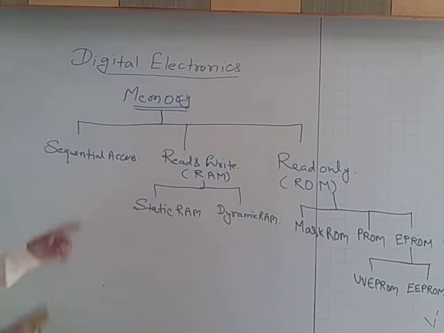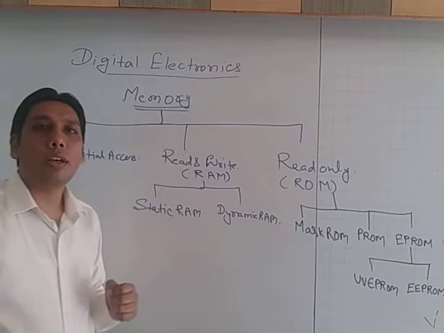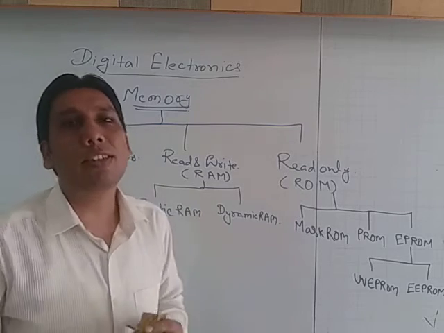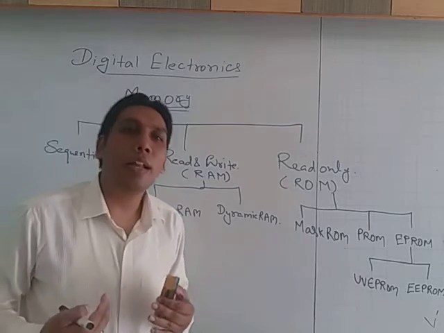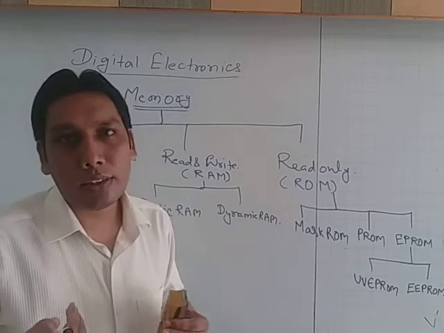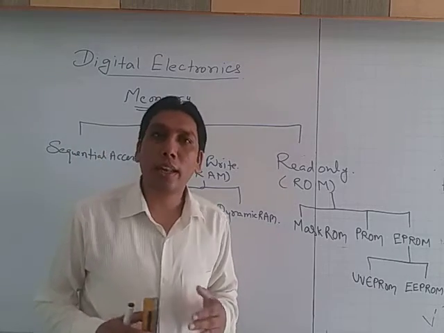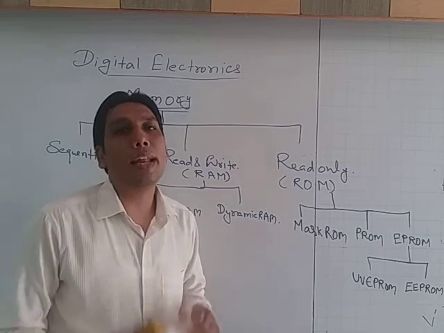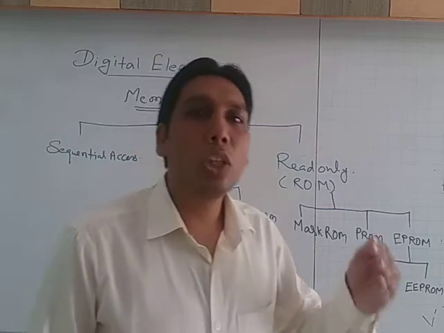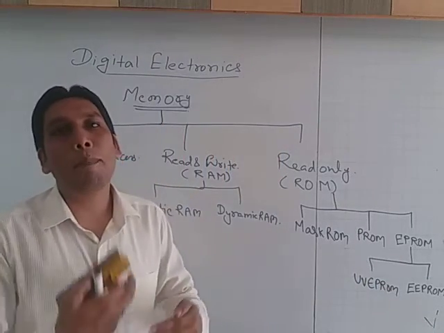The first one is sequential access memory. Sequential access memory is that type of memory in which the memory slots are arranged in a sequence. That means the user can read the information sequentially, or write the information sequentially, one by one.